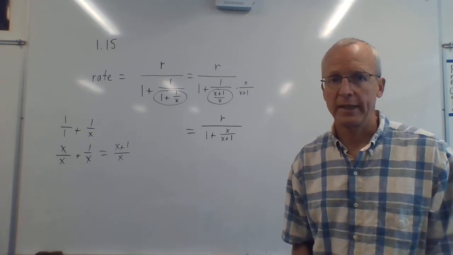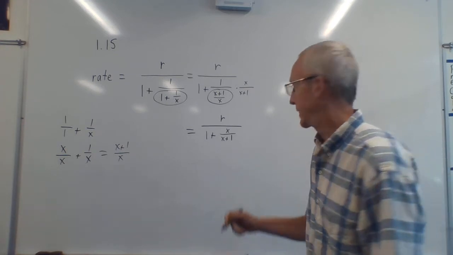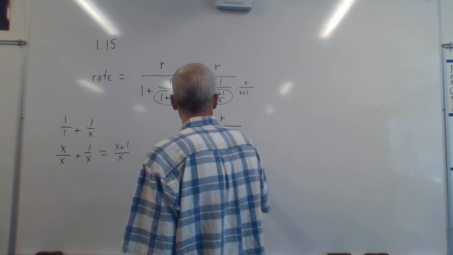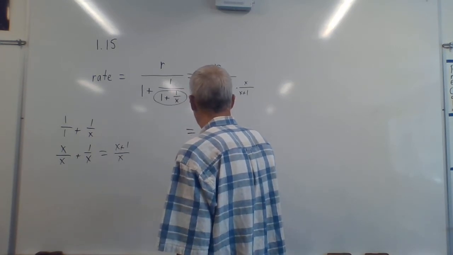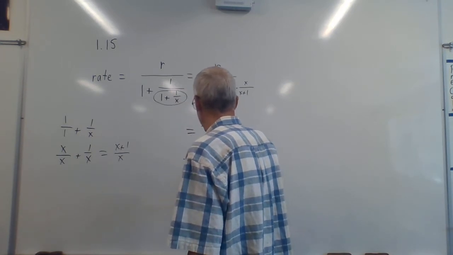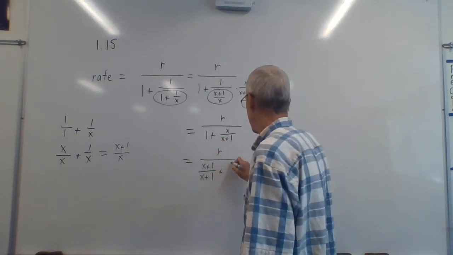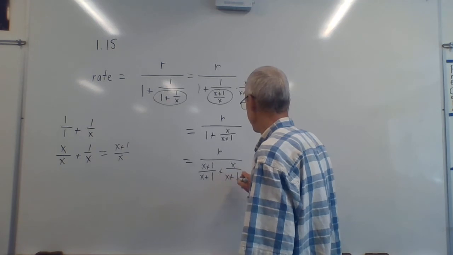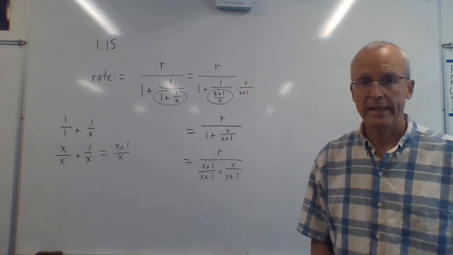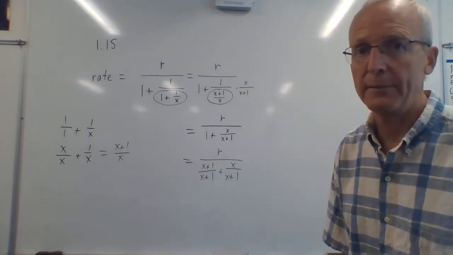So again, just adding fractions with common denominators. This is r divided by x plus 1 over x plus 1, that's our 1 there, plus x over x plus 1. Now we can add those together because we have a common denominator.